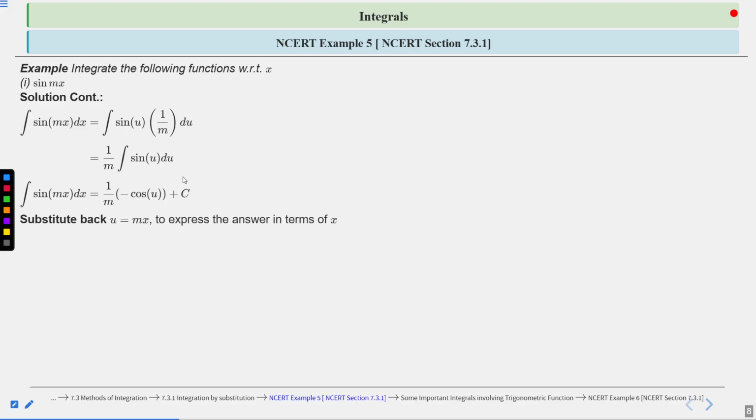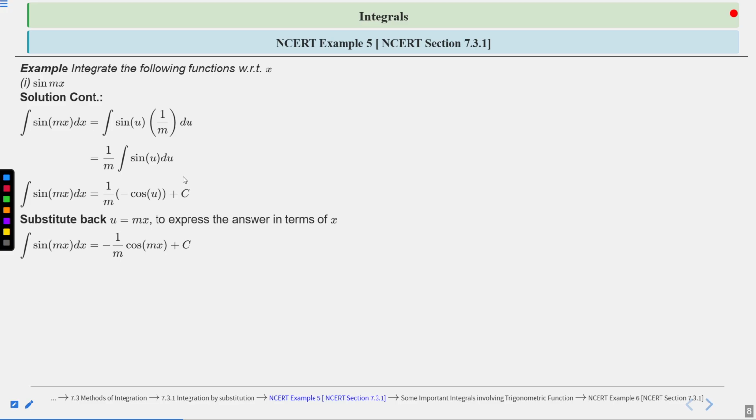Now substitute back u is equal to mx to express the answer in terms of x. So integration of sine mx dx will be equal to minus 1 upon m cos mx plus c.